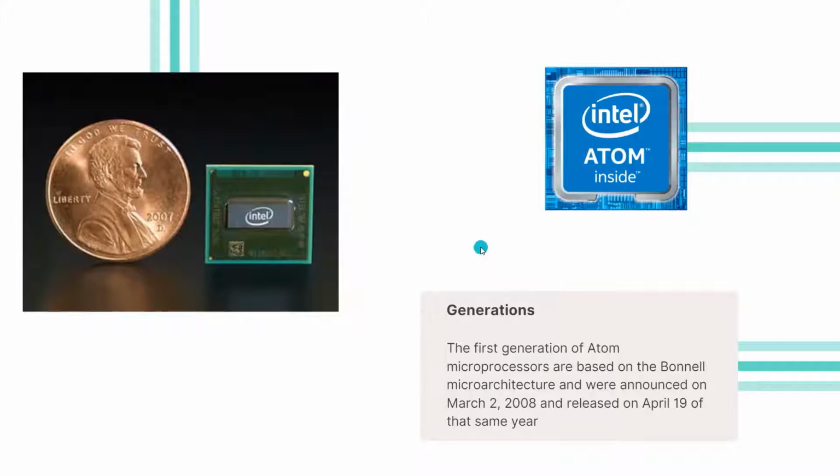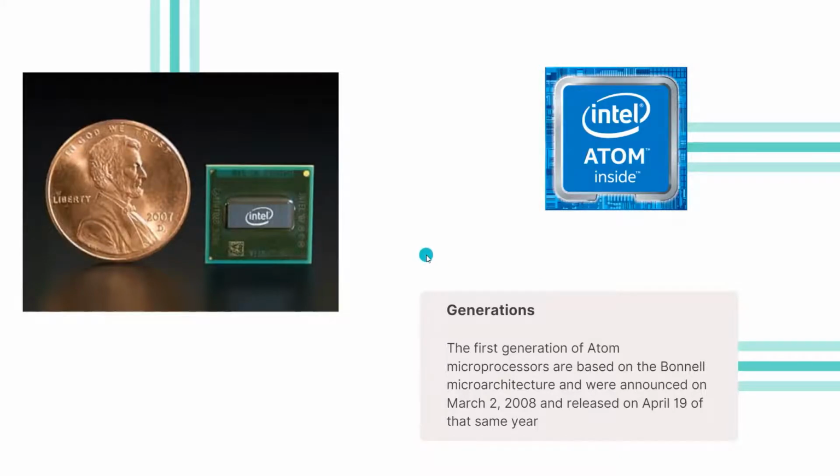The first generation of Atom microprocessors is based on the Bonnell microarchitecture and was announced on March 2nd, 2008 and replaced on April 19 of the same year.